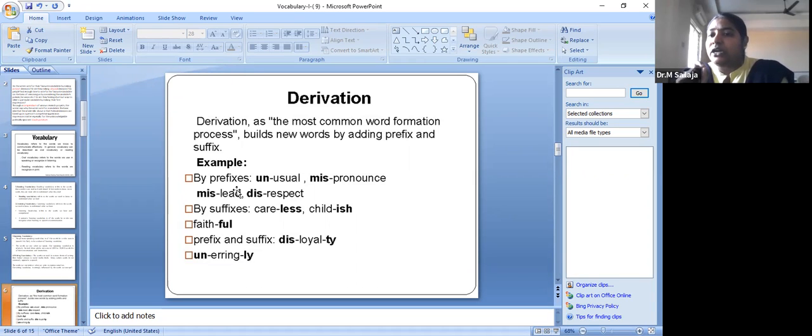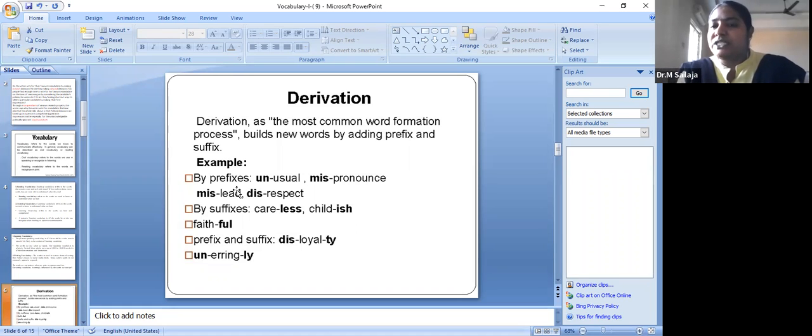And unearningly means not earning anything. So by adding prefixes and suffixes at the same time, by adding both within a single word, we can convert a particular word from one meaning to another meaning.